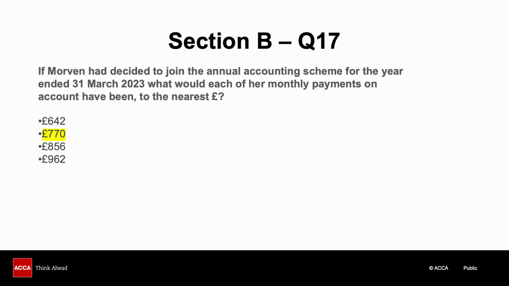If you'd gone for the 856 option, then you had divided it by 9 monthly instalments, because yes, there are 9 payments made during the year, but each one is actually 10% of the previous year's VAT liability, or in this case, if it's the first year of the business, then it's an estimate of what the liability was going to be. If you'd gone for the fourth option there, £962, you had used the figures from 2024 instead of the figures from 2023.